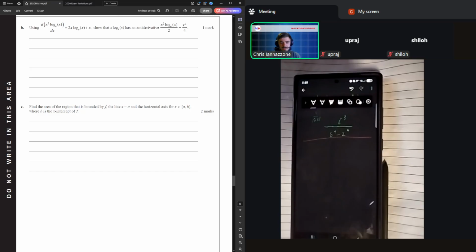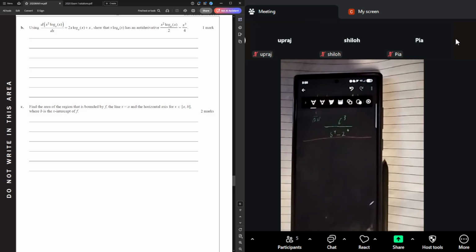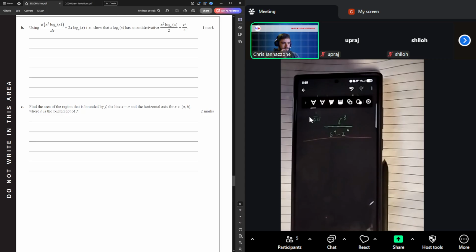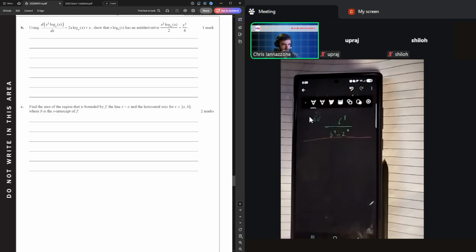You've got to understand the relationship between the derivative and the antiderivative, how those two interact with each other. The key thing here is to realize that when you anti-derive a derivative function, you get back to whatever the original was.